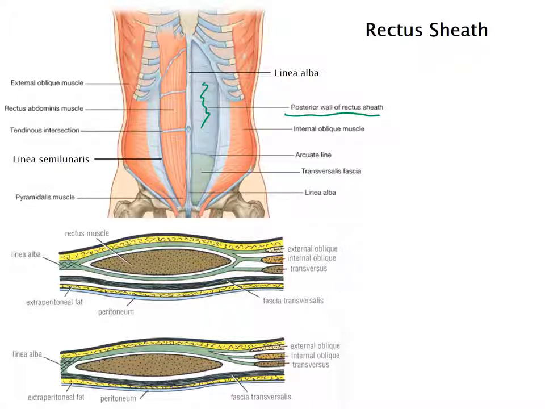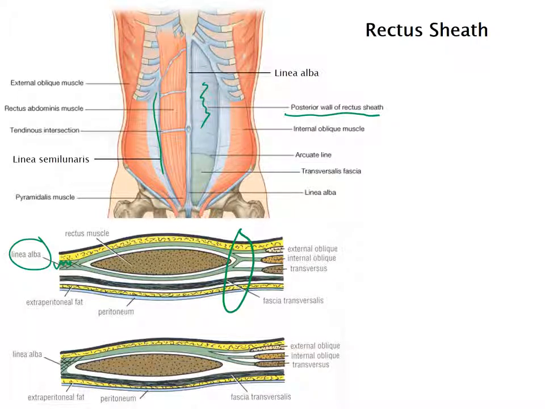The first is this linea semilunaris, situated at the lateral edge of the rectus abdominis muscles, shown here. And then the midline decussation again represents the linea alba. From this cross-sectional perspective, this area here would represent the linea semilunaris, whereas the linea alba would be represented by this midline decussation.